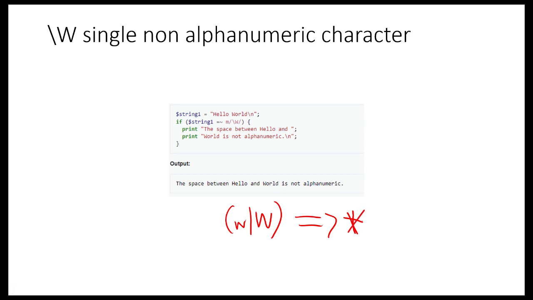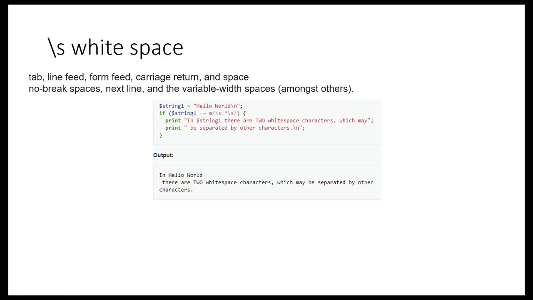This is way more inefficient, because now a computer is doing 2 checks every time it's executing your statement. If we just want to match white space, we could put a \s. So tabs, line feeds, form feeds, spaces, carriage returns, next lines, variable width spaces.